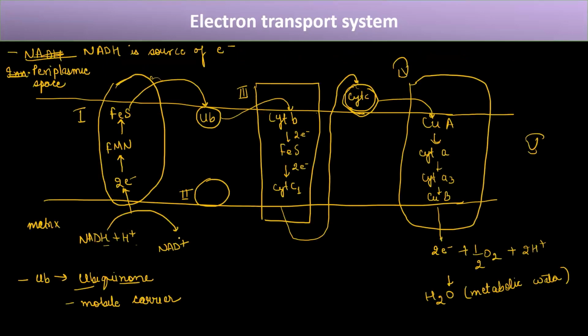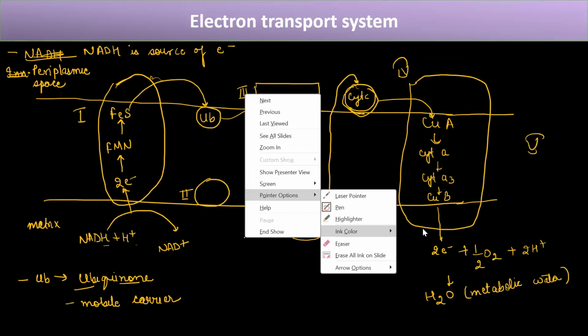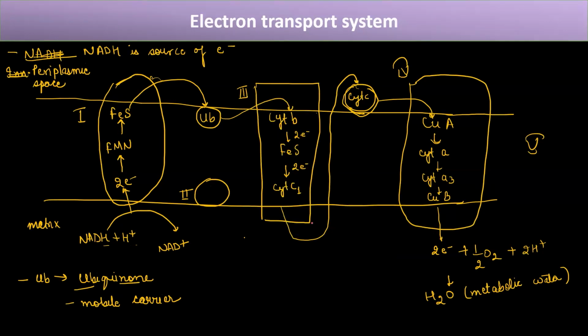Now, with the movement of electrons, something else happens. What we are seeing here is that this NADH upon oxidation forms NAD plus, but along with this, it also forms 2H plus, because the hydrogen ion also gets detached along with the electron.